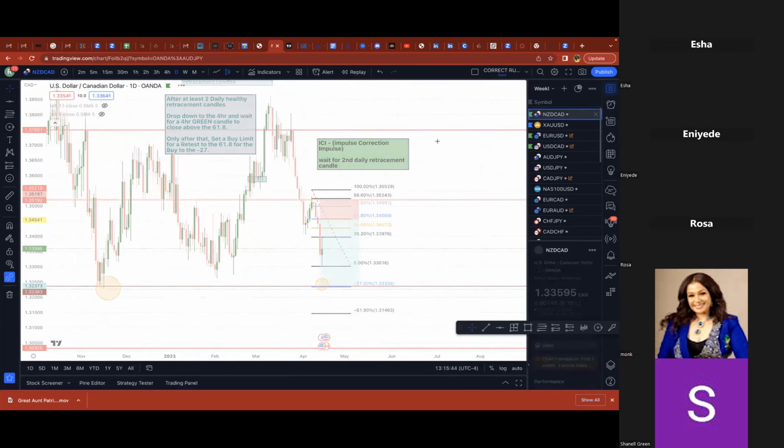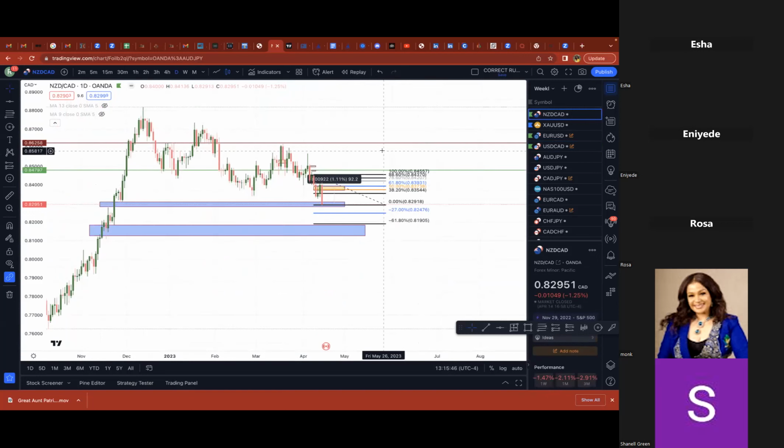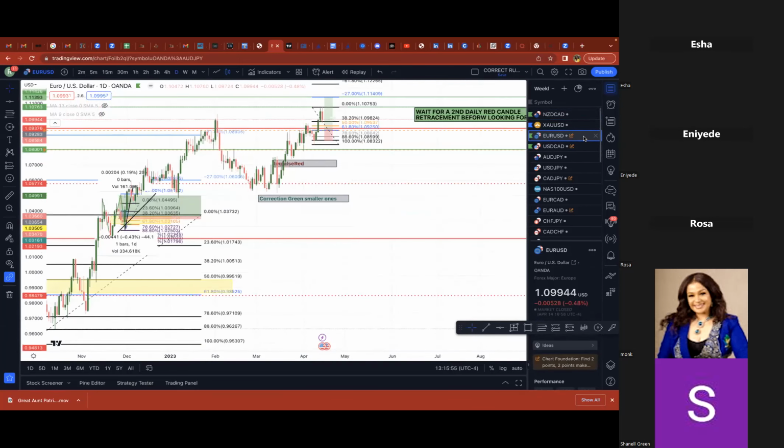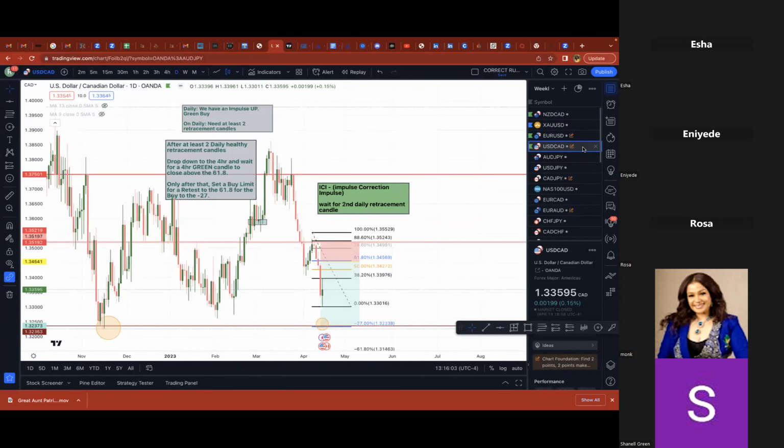Gotcha. So, NZD CAD, I can't remember which one. Right now, we're looking at EU for next week. We're looking at UCAD.